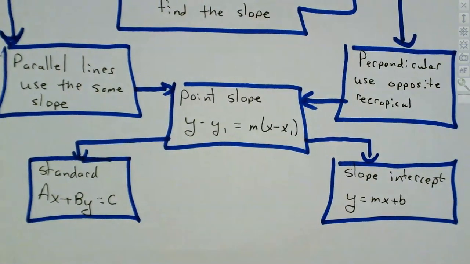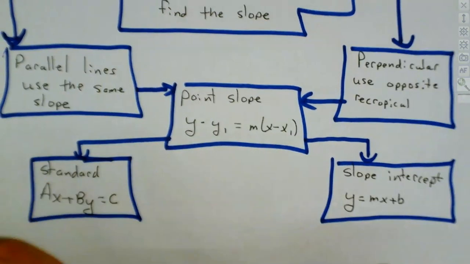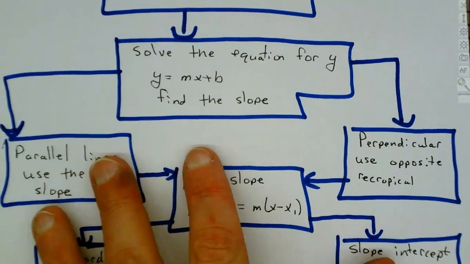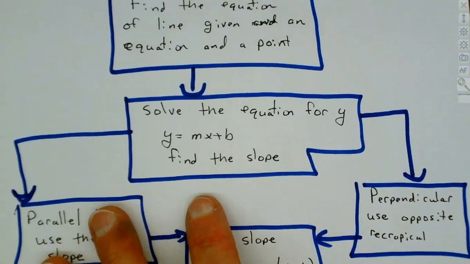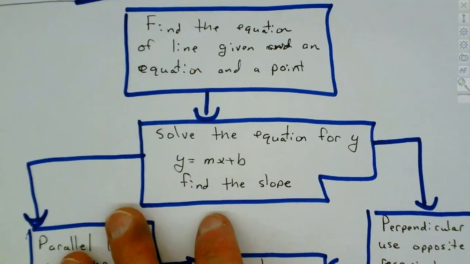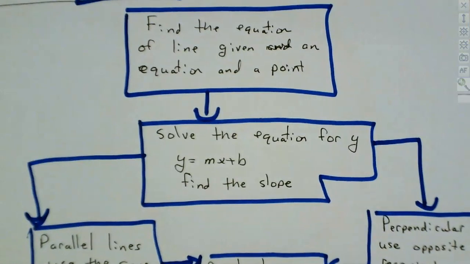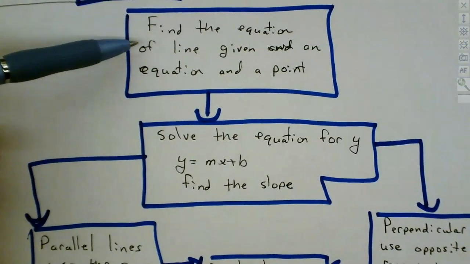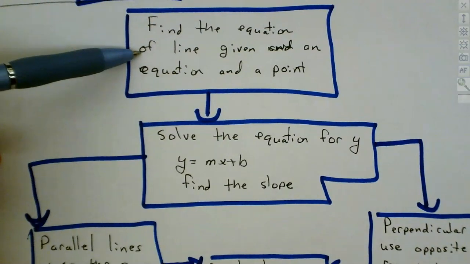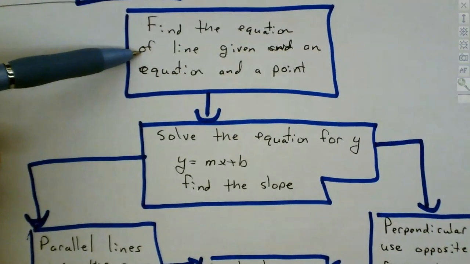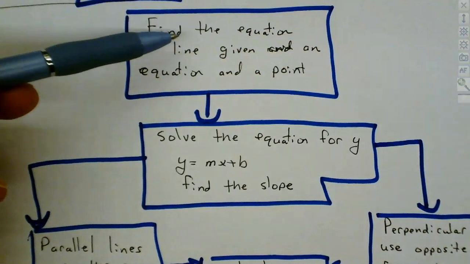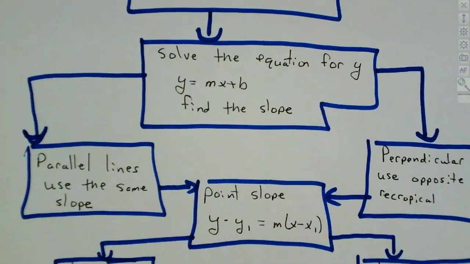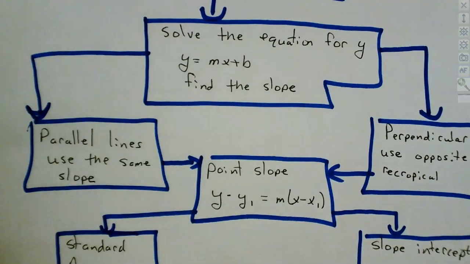This is what we do. So we have to follow it down. So let's look at the whole flow chart here. And I'll leave the bottom half so you can get it copied, but let's go ahead and read it again. So this is for finding the equation. So we want to find the equation of a line given an equation and a point. We want to first take that equation and we solve it for y.